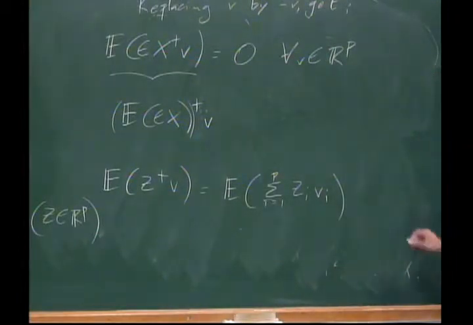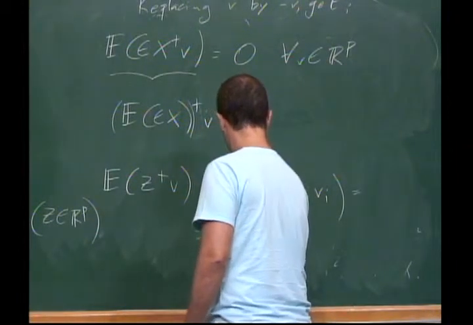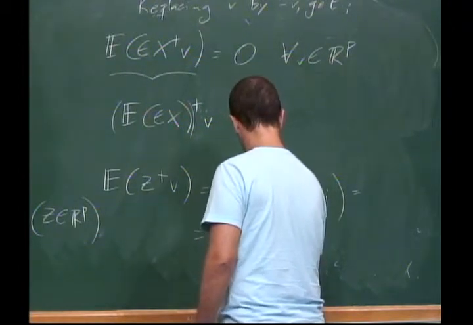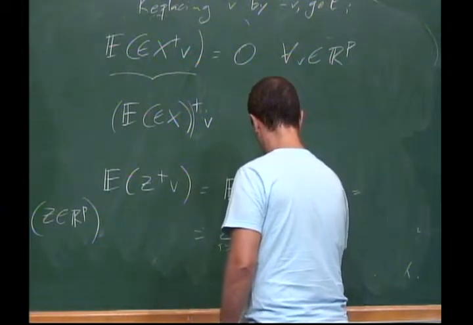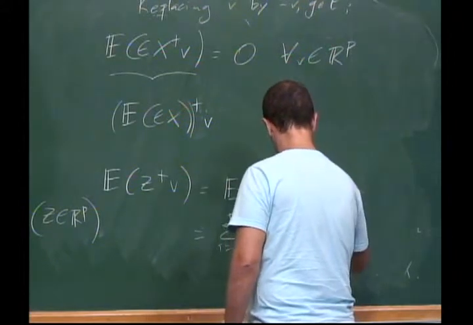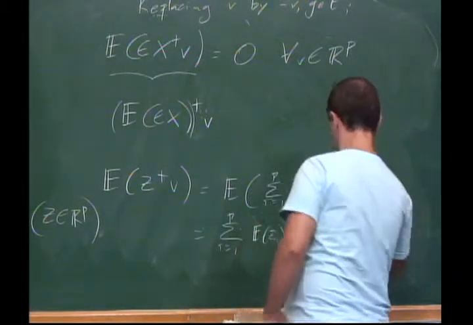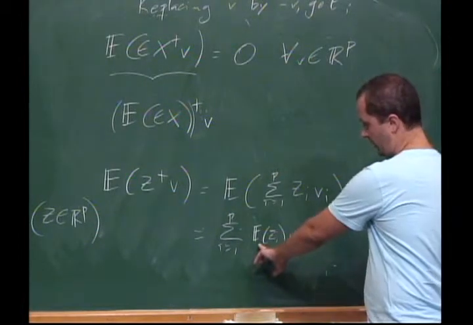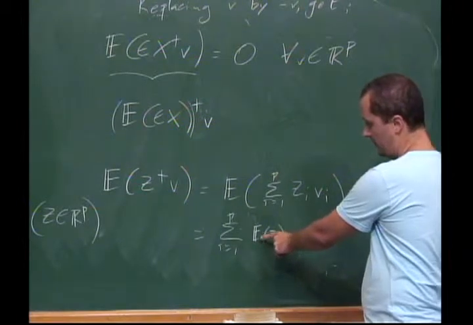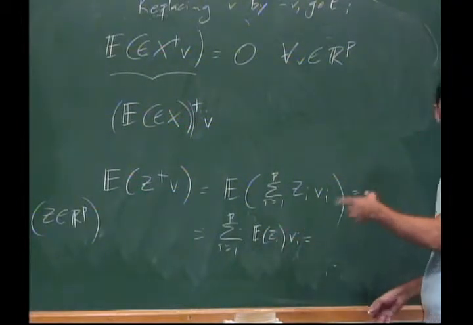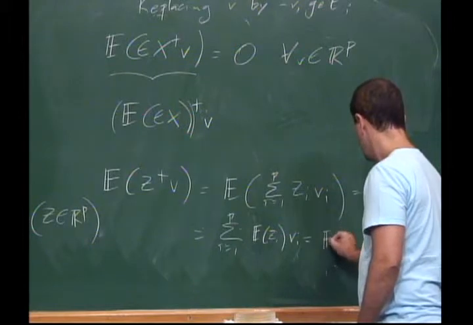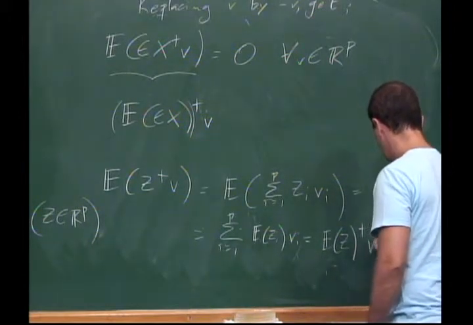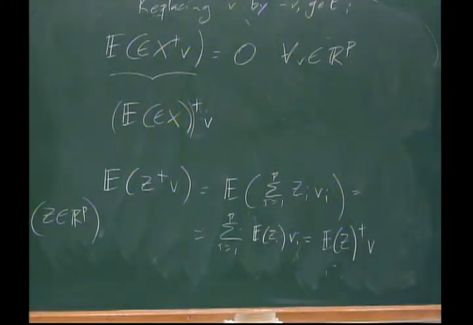And the vector whose entries are these values is just the expectation of the vector Z. So this is just the inner product of the expectation of Z with v. The notation is a bit confusing at first. We should all get used to it.